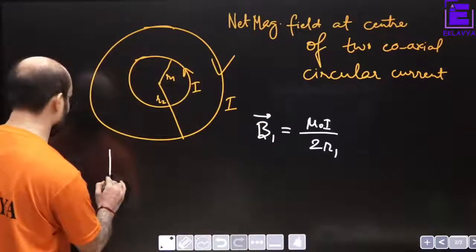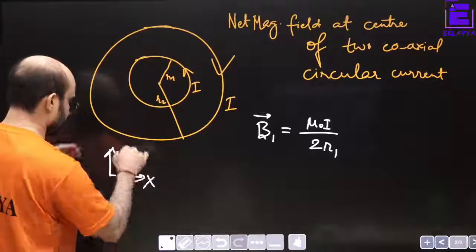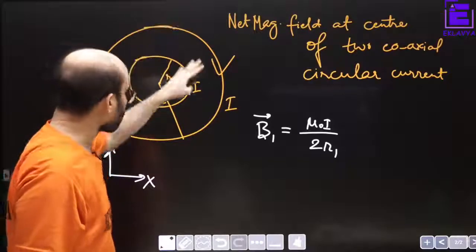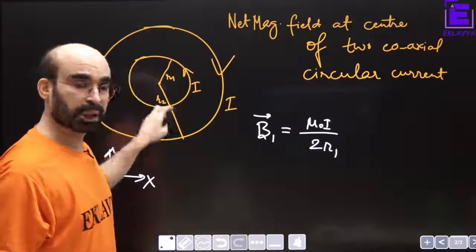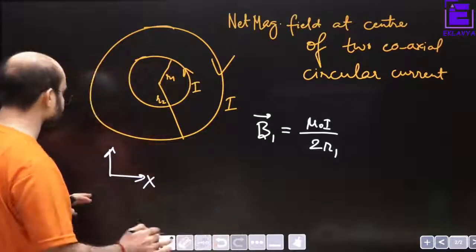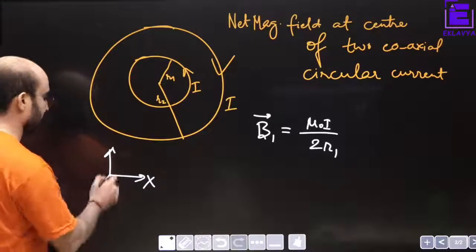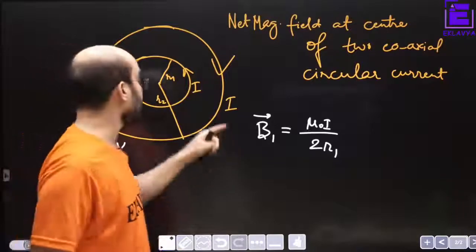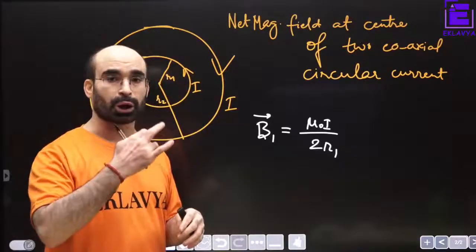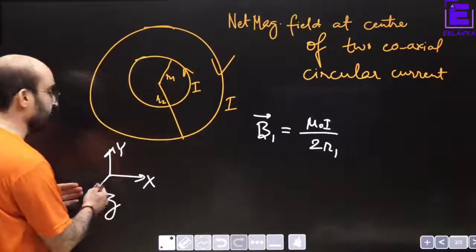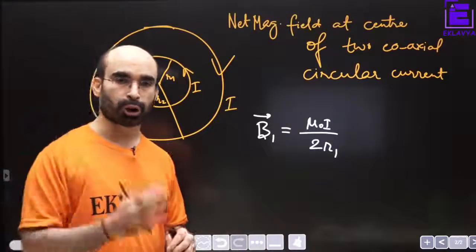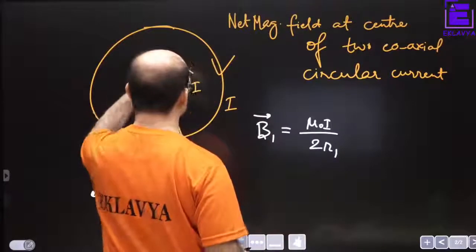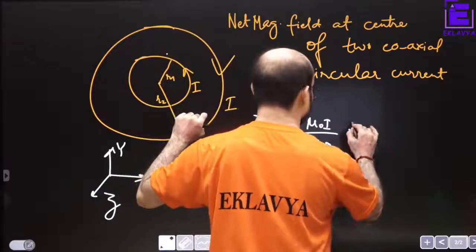If this circular conductor is placed on the xy plane, the magnetic field will be directed along the positive z-axis if current is anti-clockwise. It will be along the negative z-axis if current is clockwise, right? So for this anti-clockwise current, you will get positive k.